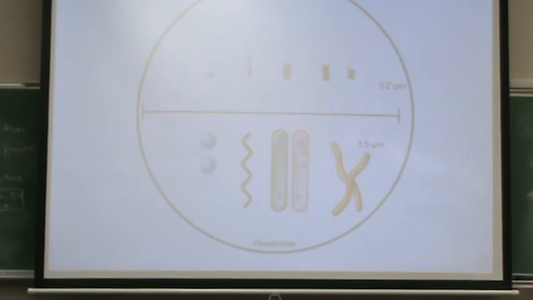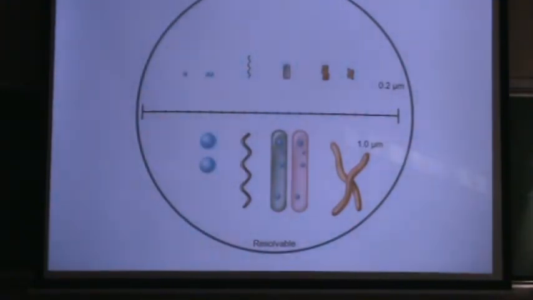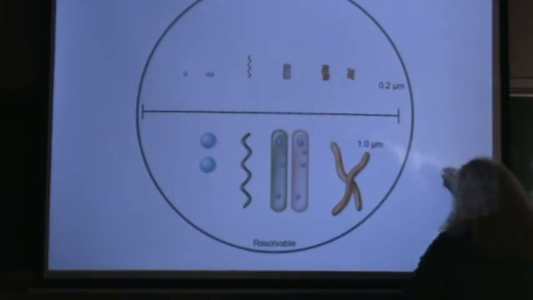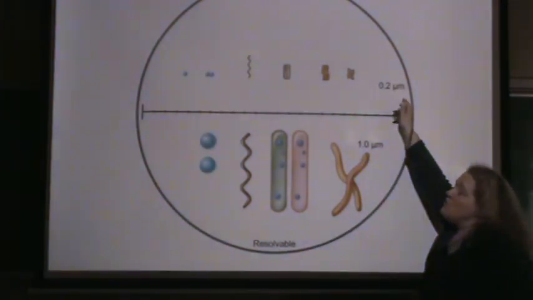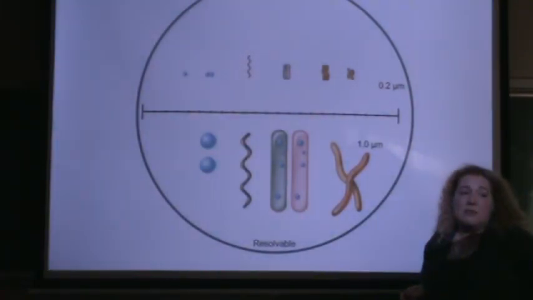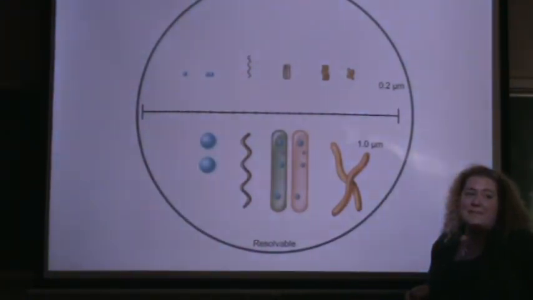So what can we see with our microscopes? Or what can we magnify and resolve to a usable level? We can get down with our microscopes, that are light microscopes, to maybe 0.2 microns. Micron is a millionth of a meter. 1,000th of a millimeter.